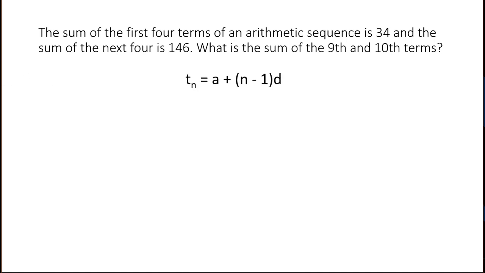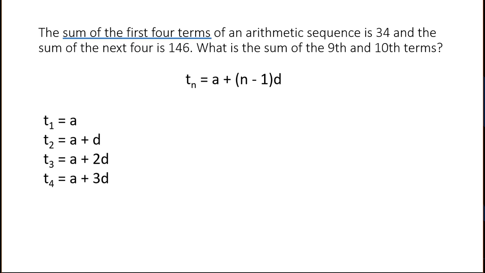Well, that's the formula, or at least one of the formulae that I'll be using in this presentation. I need to begin with the sum of the first four terms. That begins with the very first term, which is A, the second term, which is A plus D, third term, which is A plus 2D, and the fourth term, which is A plus 3D.